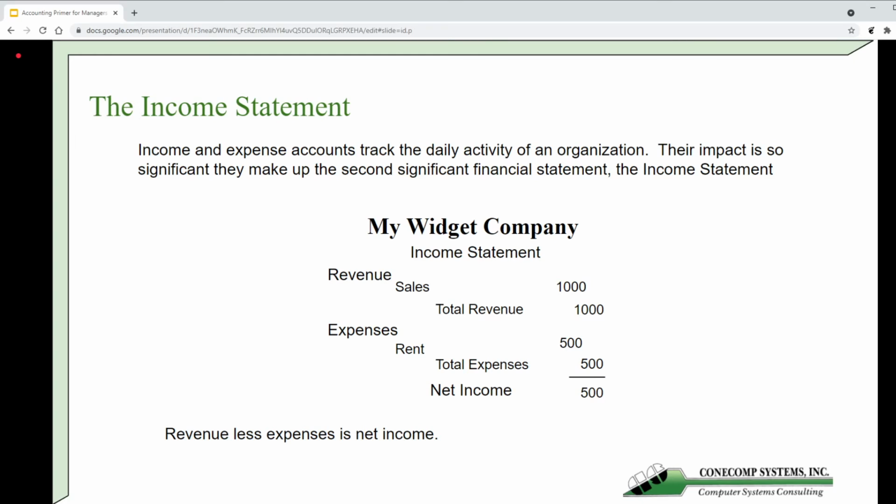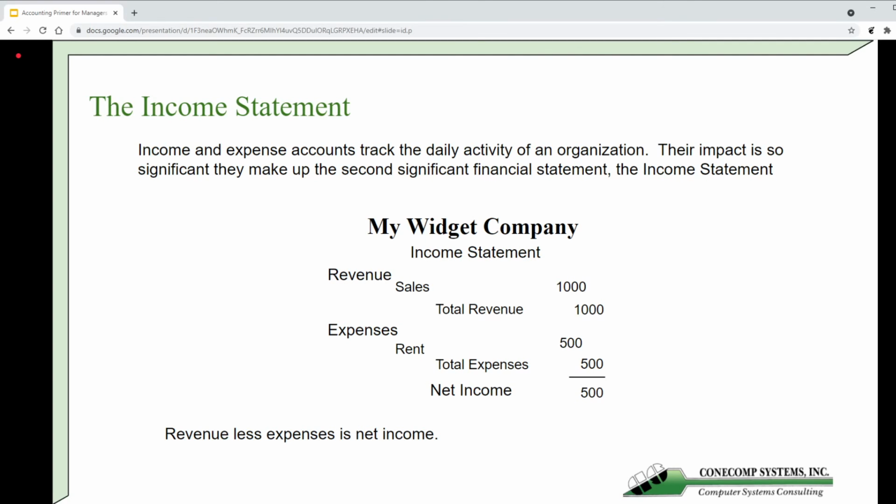So easy to remember, net income is the revenue total less the expenses total. And you recall back to the balance sheet was the other two accounts, the asset total less the liability total. Those are the two financial statements that you should find in every organization. They're the most common, and they all work exactly the same way.